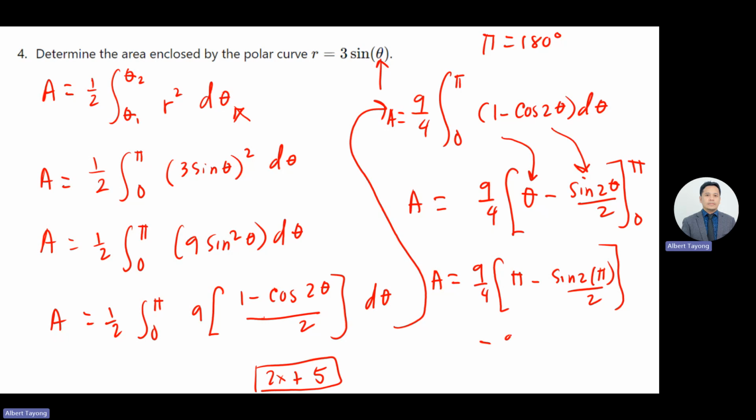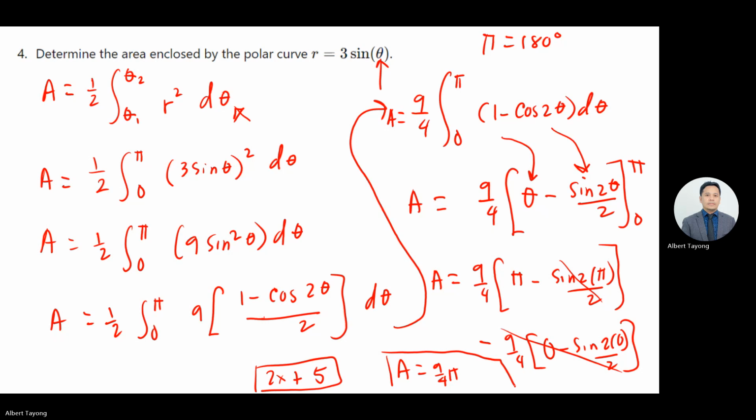So minus 9 over 4, times 0 minus sine 2 times 0 over 2. Now this one is 0, because sine 2 times 0 is 0. And this one is also 0 here. So the answer is 9 over 4 pi. Okay, so that is the area of this polar curve.